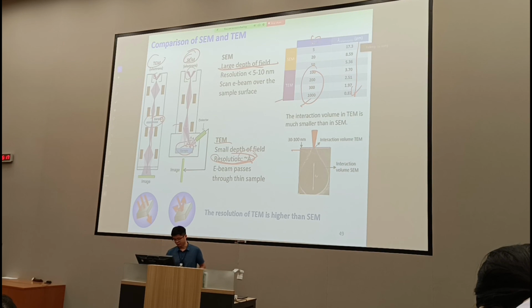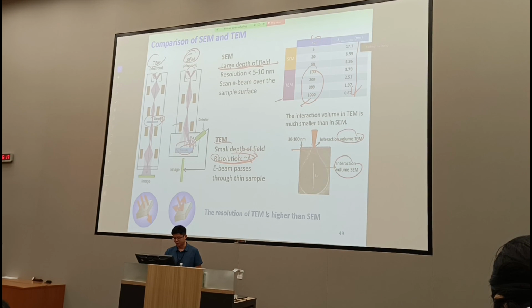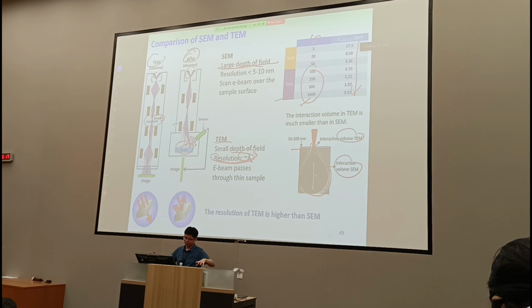So the interaction volume, the electron beam interaction volume, in the TEM is much smaller as compared to the SEM. In the SEM, your electrons penetrate very deep into a large area of your sample, because the sample is very thick. So these are the two common reasons why TEM can offer a higher resolution.